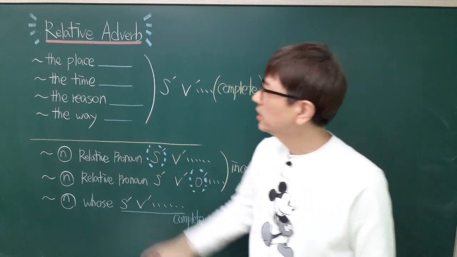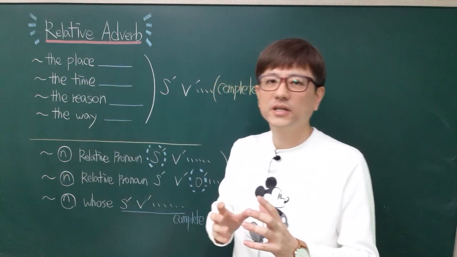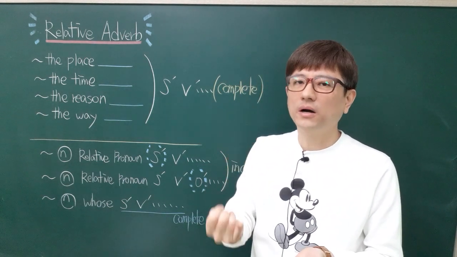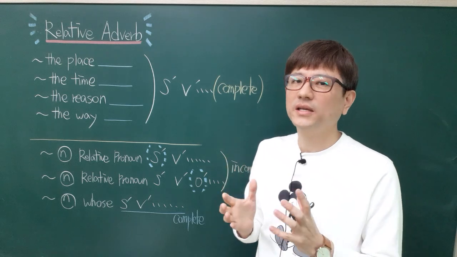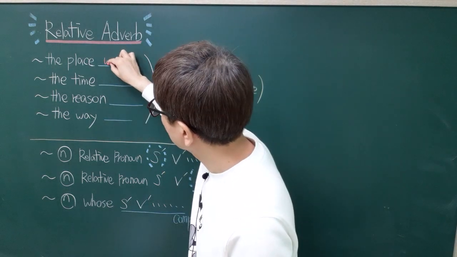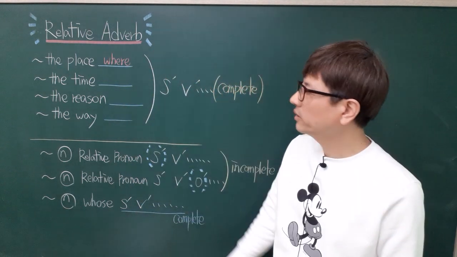So look at this. When you have a noun related to place, such as building, house, earth, Mars, church, something like that, then we should have where, relative adverb where.